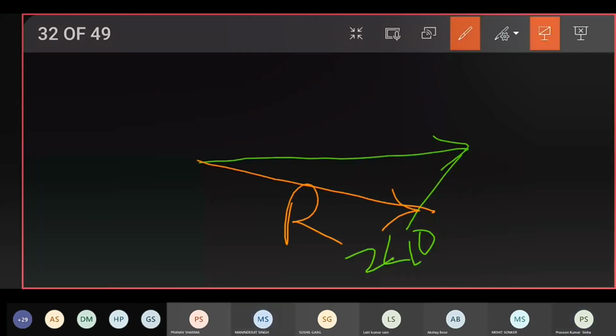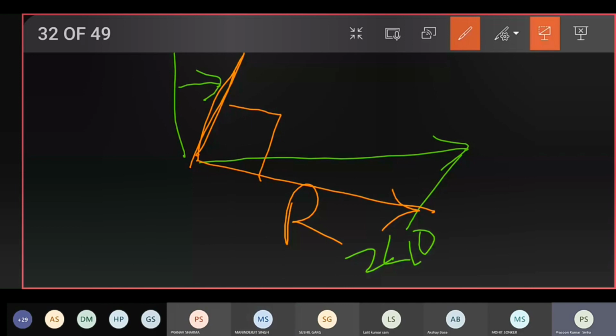That means the gyro compass will settle down perpendicular to this. That means the gyro has shifted easterly. So SE is going to be easterly.